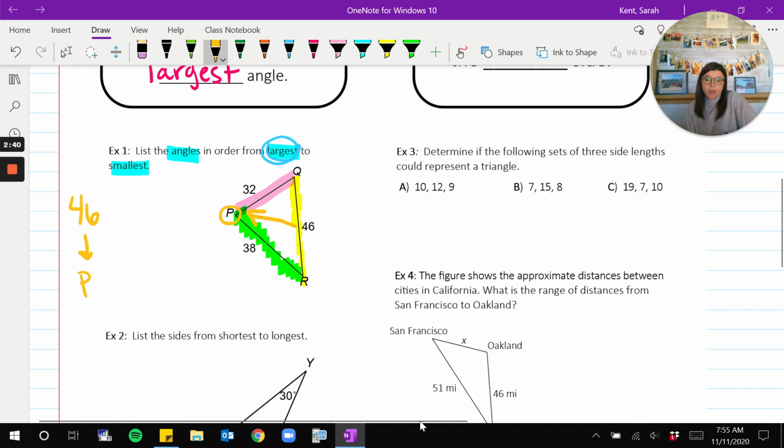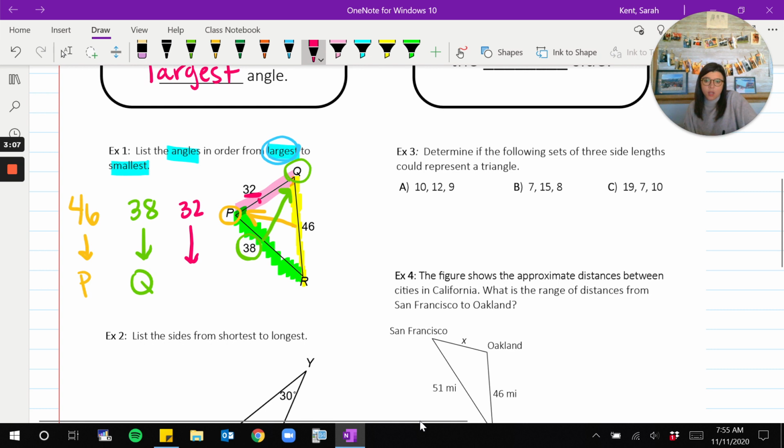So then we've got 32 and 38. 38 would be next in line. And if I look across from 38, I land at angle Q. And then my smallest side is 32.